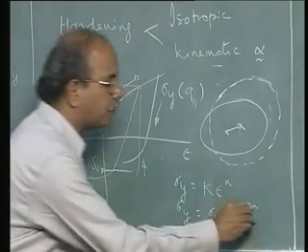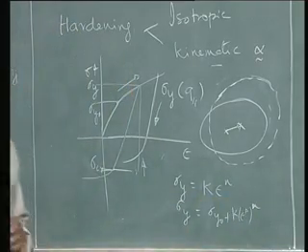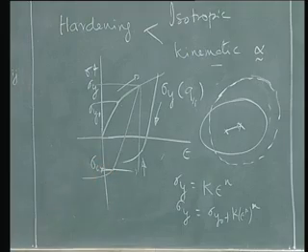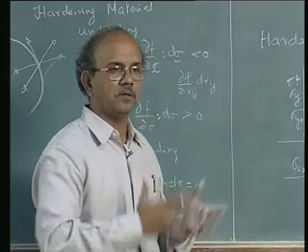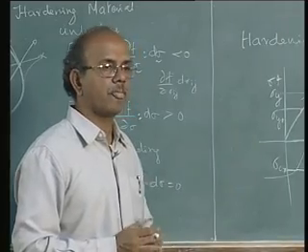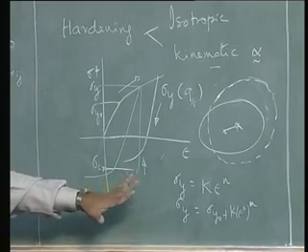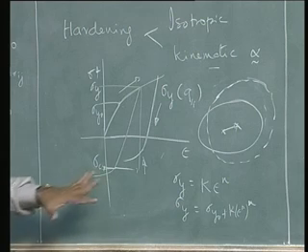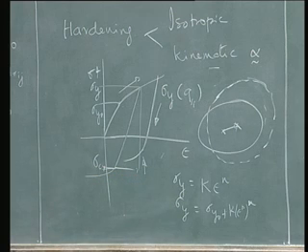There are various ways of writing this. An exponential term may enter here. This depends upon the way the stress strain curve is. Let us not worry about that. That is more material science, but we just understand that they can be written like that.